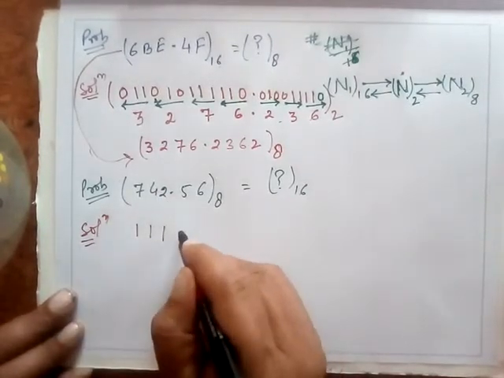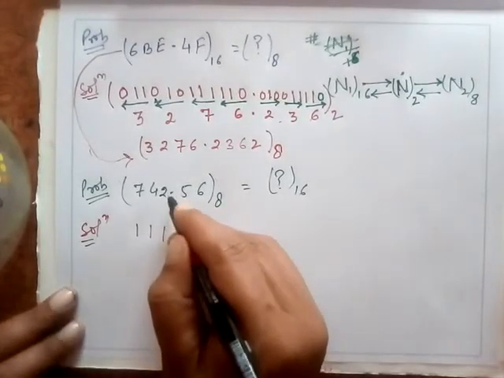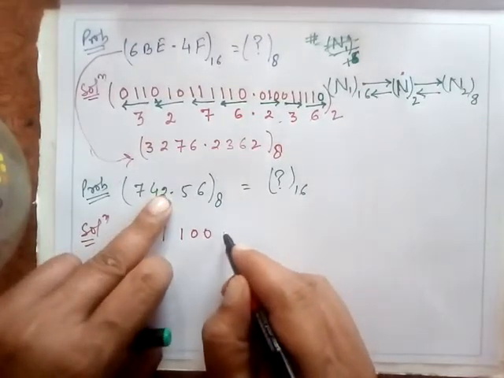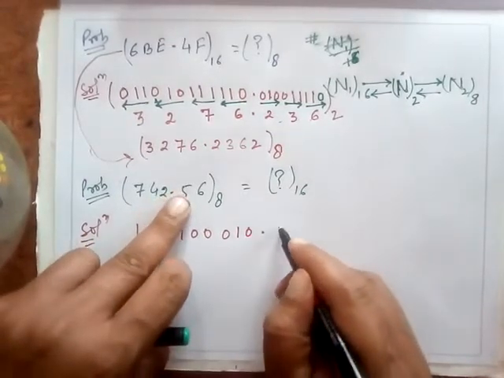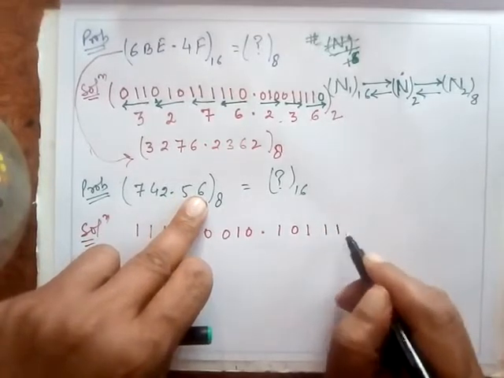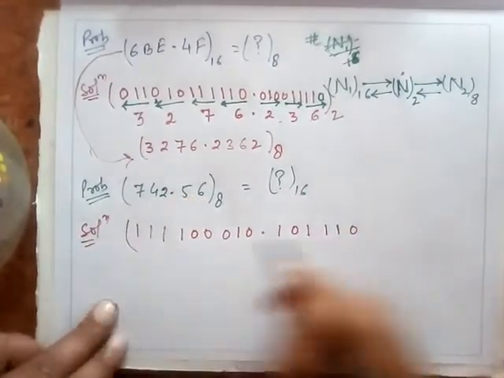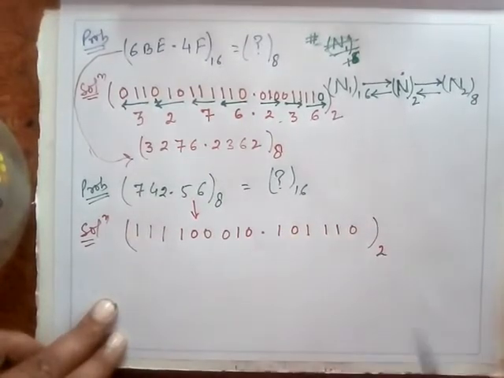Then 4 corresponds to 100 by 3 bits. The equivalent of 2 by 3 bits is 010. 0.5 is 101. And the 6 is 110. This is the corresponding number in base 2.